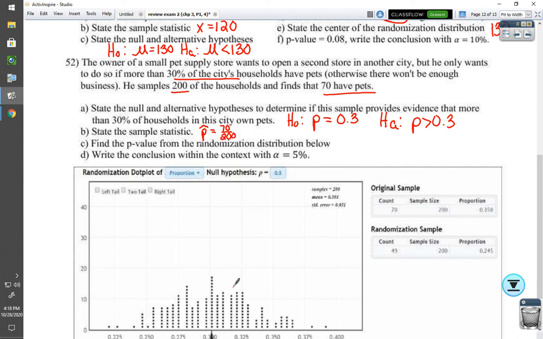Normally you want to convert that into a decimal. I'm grabbing my calculator right now, and I'm getting 0.35. What number are we on right now? Number 52. So 0.35. My p hat value equals 0.35. Got it.